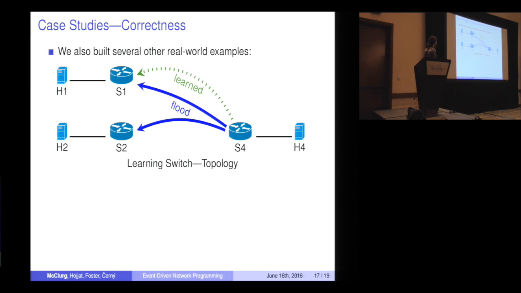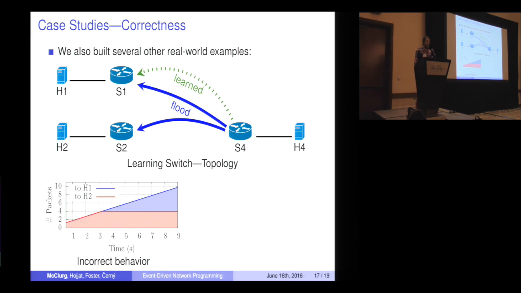We also had another example where we had this learning switch. H4 wants to talk to H1. Initially, it doesn't know the network address of H1, so it has to flood traffic to all the devices in the network. Once H1 responds, it's able to learn the network address, and then it can send only on this green learned path. Those are the two states of the learning switch.